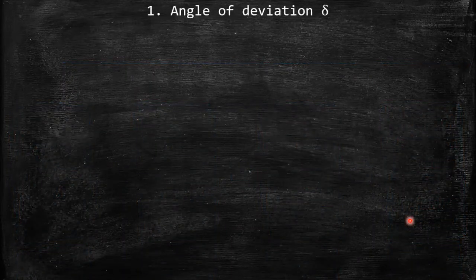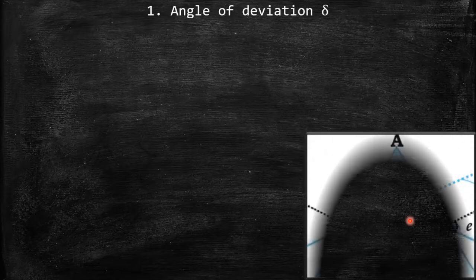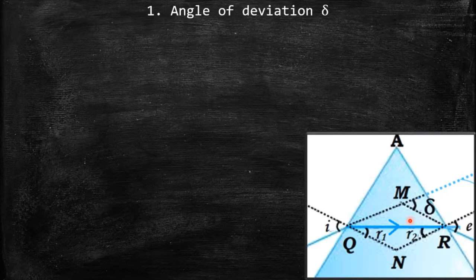So we obviously first move on to our first step, that is finding out the angle of deviation. Well, as always, we have a diagram at our disposal. Now what you see over here is a very concise diagram of the original one, correct? So what do you have over here?